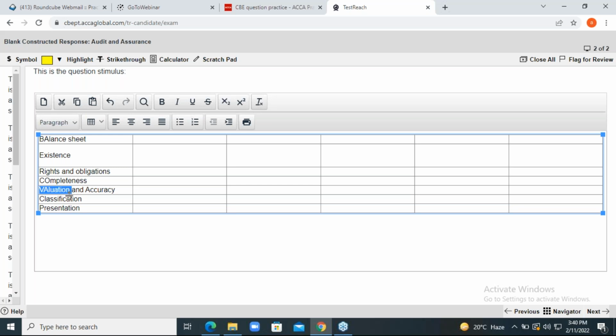So the most important assertion when you are dealing in R&D is valuation and accuracy assertion. But in case of bank and cash, valuation and accuracy assertion is not that important. The most important assertion is the existence and the completeness.